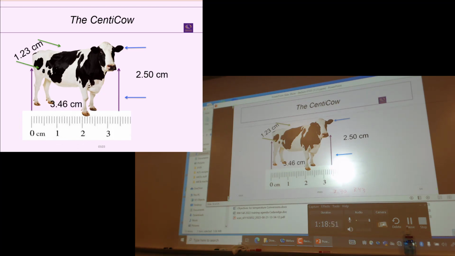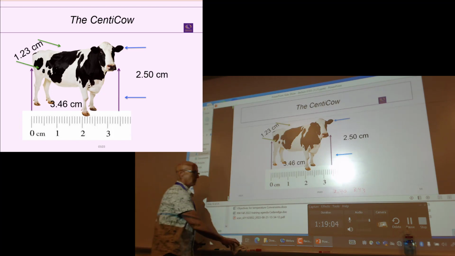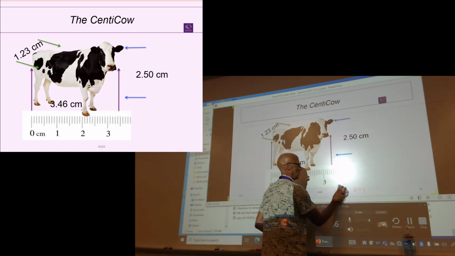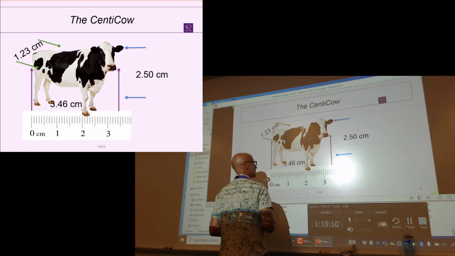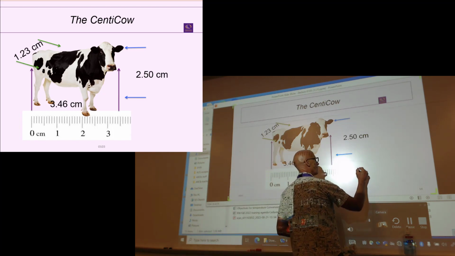I said 3.46, whatever. So if you want to just use that number, the calculations agree. Multiply those three together, and what do you get for the volume of this cow? Give me all the digits you're getting.